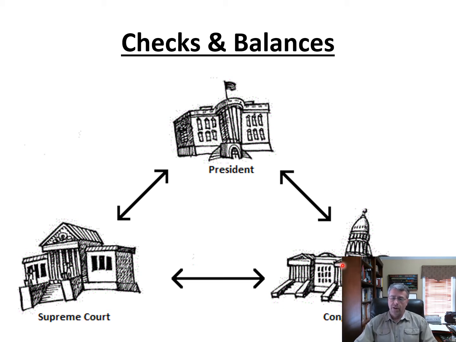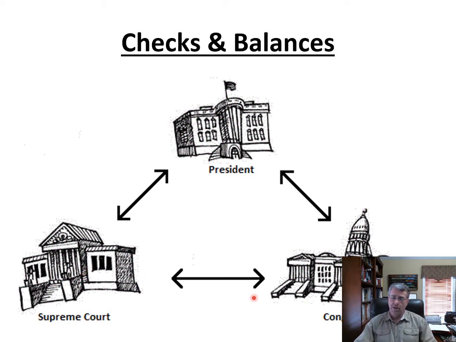That power to make laws is checked by the president, who has the power to veto any bill that Congress puts forth. So Congress passes a law, the president can veto it if he doesn't agree that that law is going to be constitutional or good for the nation. And to check the power of these two branches, the Supreme Court can weigh in on any disputes.